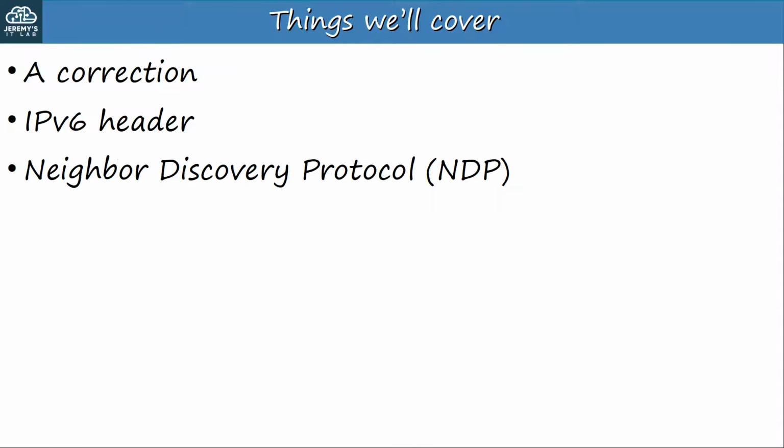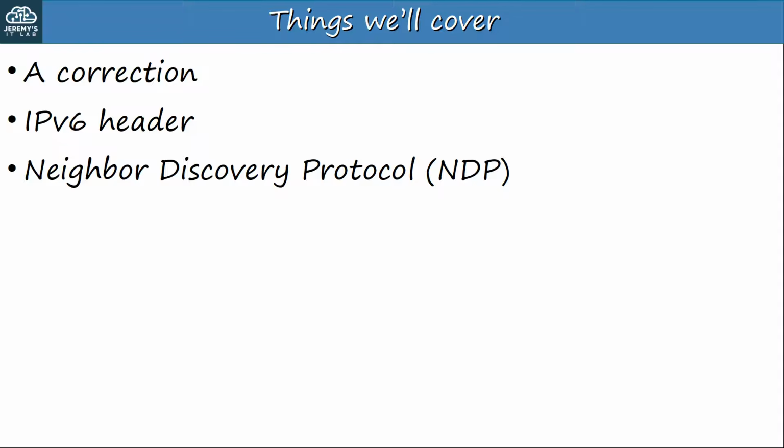Here's what we'll cover in this video. First up, a correction about my previous IPv6 videos. It's not a big mistake. In fact, it's a mistake that even Cisco makes, but it's something you should know. Then we'll very briefly cover the IPv6 header. We'll also cover Neighbor Discovery Protocol, NDP, which replaced ARP in IPv6.